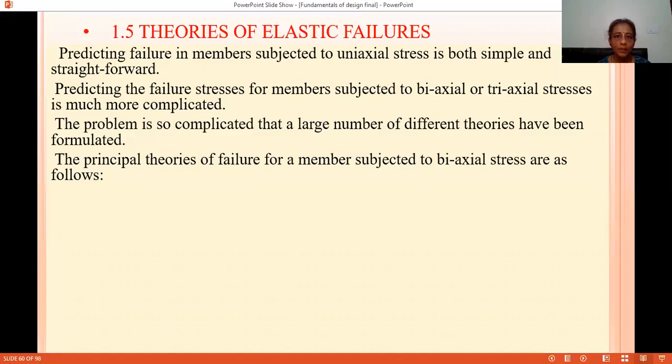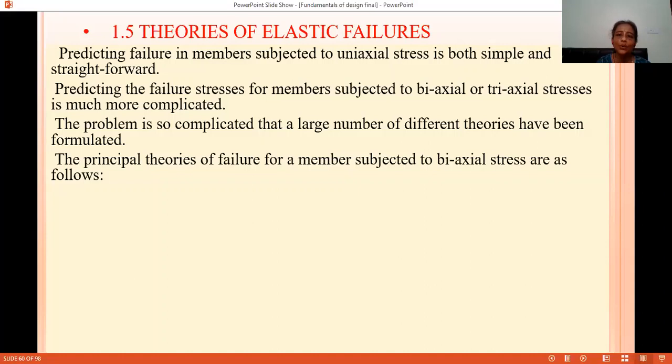Next in our syllabus, we have theories of elastic failures. Whenever there is a uniaxial member, where a component is subjected to only tensile or maybe only shear, its analysis is very simple. But when a component is subjected to a biaxial or triaxial stress system, its design becomes more complicated.